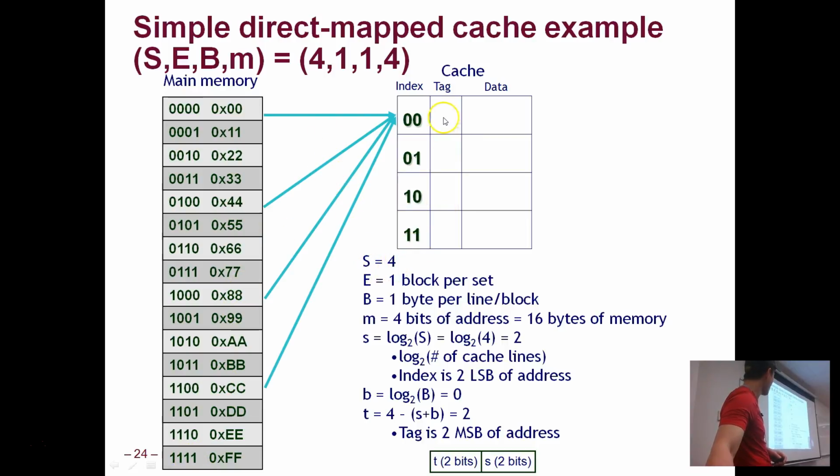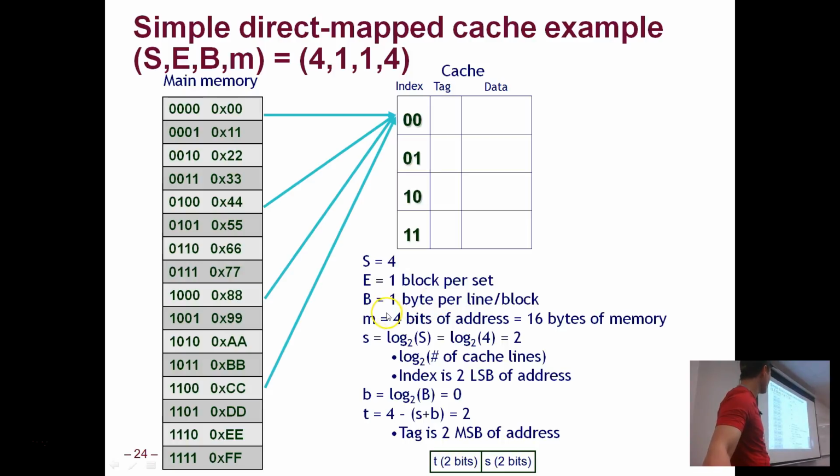Here we have a cache for this main memory. It's got 4 sets. So set 00, set 01, set 10, and set 11. In each set, there is a single block, and in this block, there's 1 byte. So this is the trivial cache again.